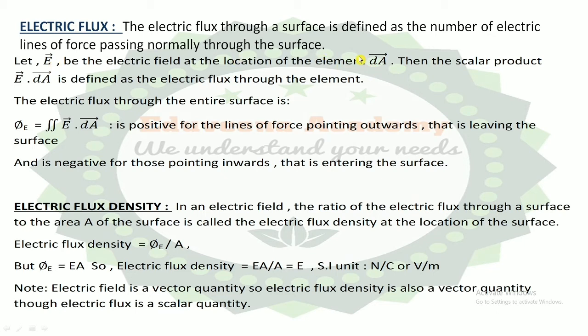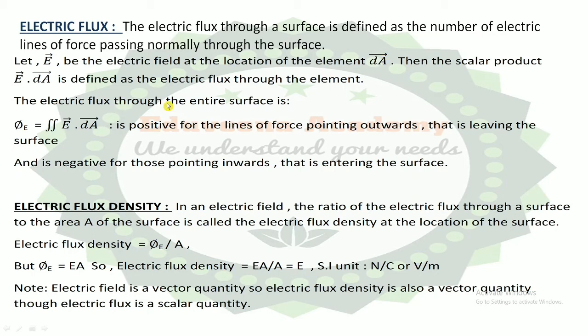So the scalar dot product of this E and dA gives the electric flux through that element. So E dot dA is the electric flux through that element dA. It is basically the electric lines of force passing through that element normally.